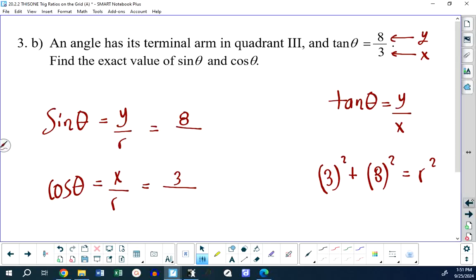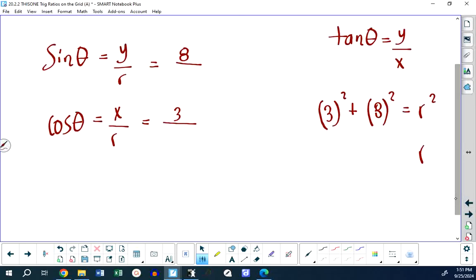When you figure out what 8 squared plus 3 squared is, do you get 73? Okay. So we are in the land of exact values in Math 20-1 right now anyway. 73 is not a perfect square, so that means r is equal to root 73. Exactly root 73, and that's r.